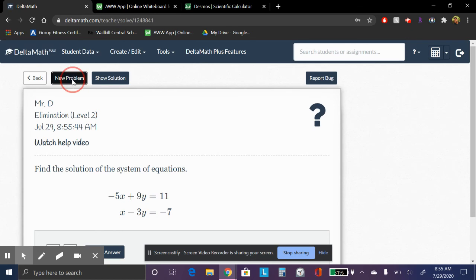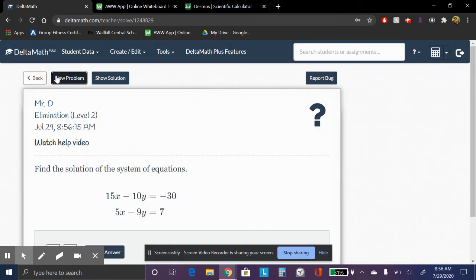Let's do this one right here. 2 goes into -6 3 times. I can multiply this top equation by 3. Or I can multiply this bottom equation. You notice this goes into this. I can multiply this one by 2.